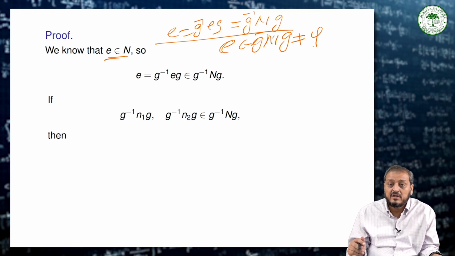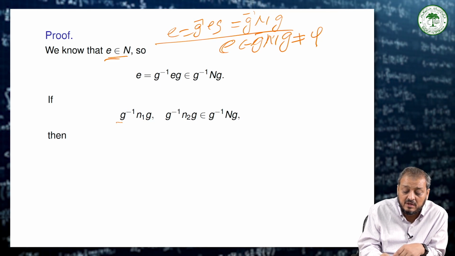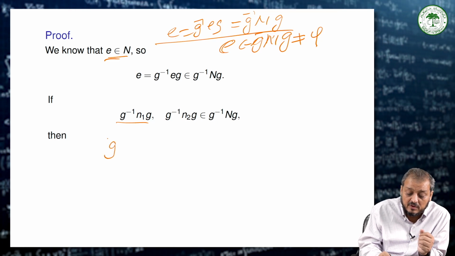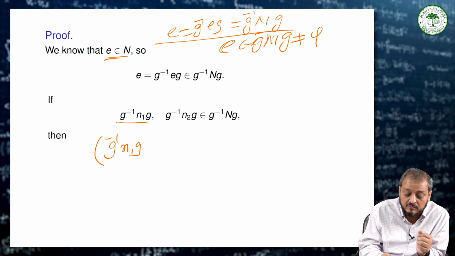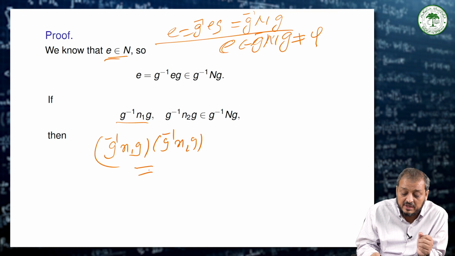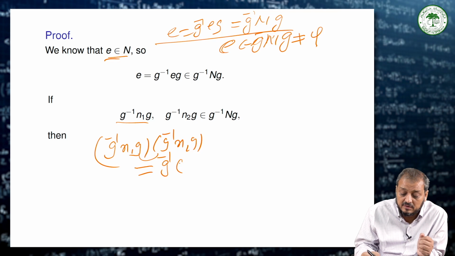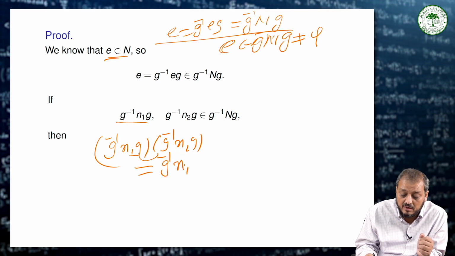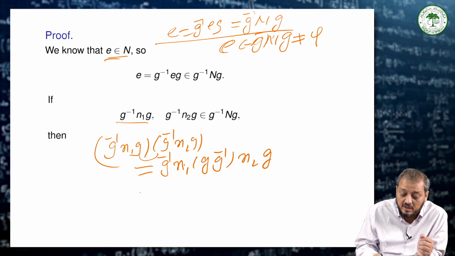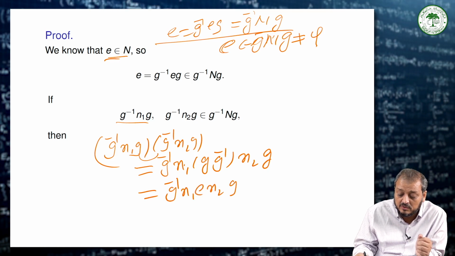So we have that this is a non-empty set. Now we have to show that taking two elements g inverse n1 g and g inverse n2 g are elements of the set. Then we show the composition of these: g inverse n1 g and then g inverse n2 g. By the associativity condition this can be written as g inverse n1 g g inverse n2 g, which is g inverse n1 identity n2 g.